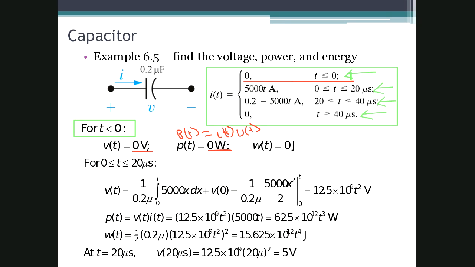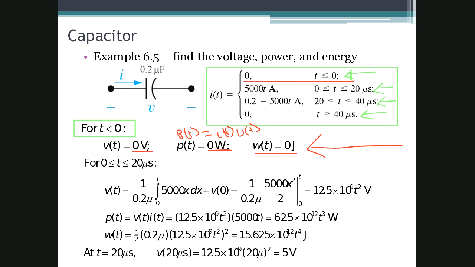And again, if we have no power, we have no energy being dissipated or generated. So in this case, energy is also equal to zero. So you will have a question like this. Actually, you will have a question, and this will be one of the initial conditions I'll ask you for. I hope I will not see anyone get this wrong.